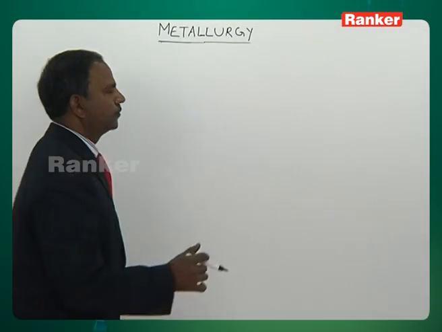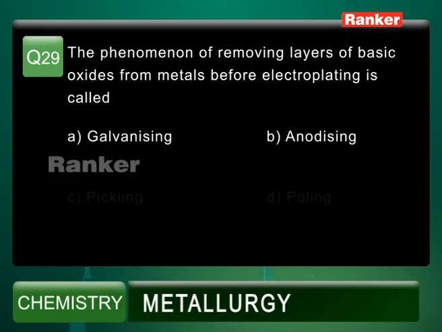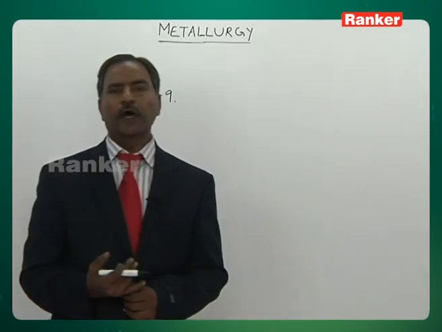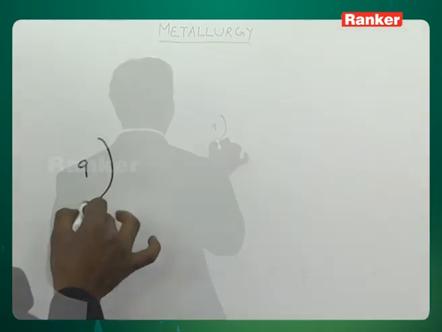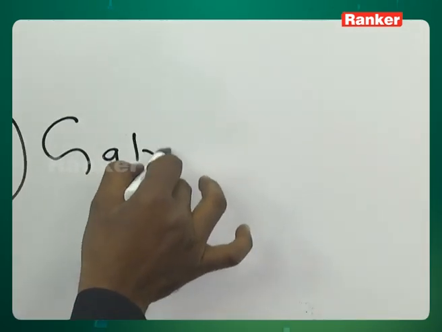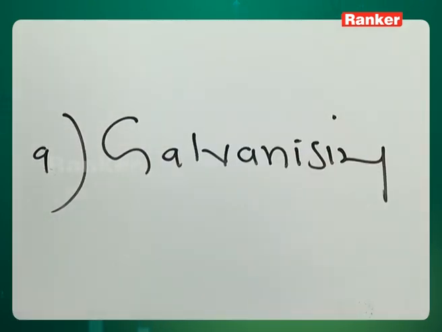Question number 29. The phenomenon of removing layers of basic oxides from the metal before electroplating is called: A. galvanizing, B. anodizing, C. pickling, D. polling. See, what is galvanizing?